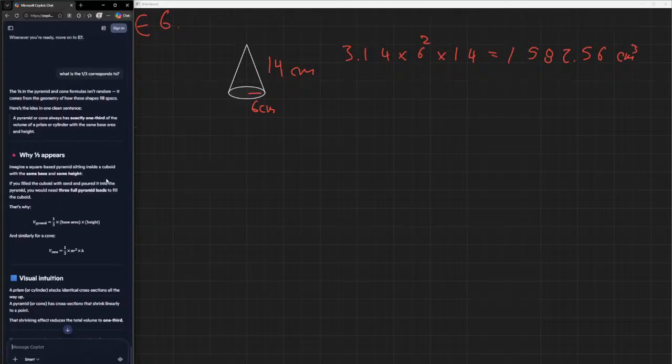Imagine a square base pyramid sitting in a cuboid with the same base and same height.